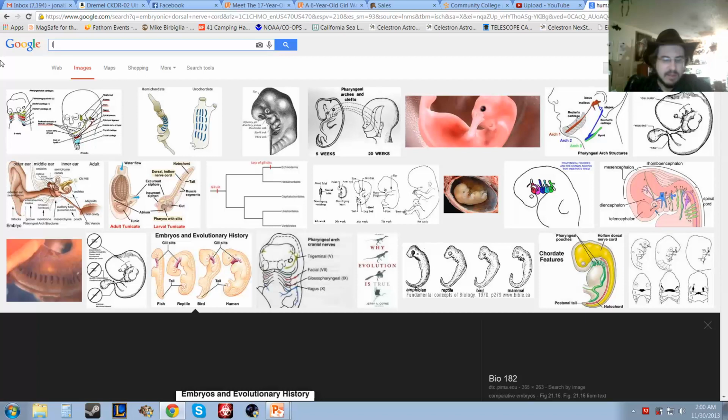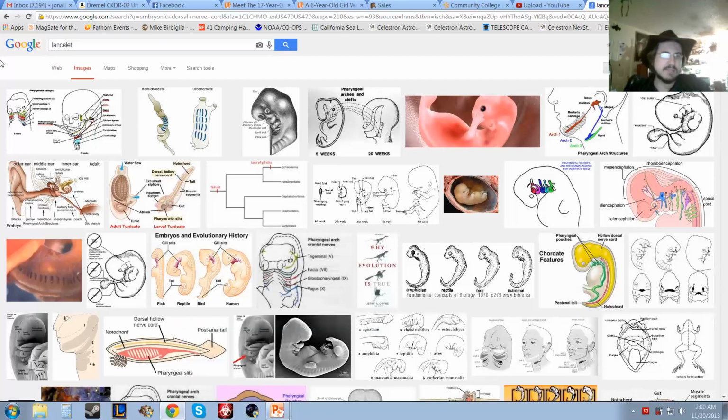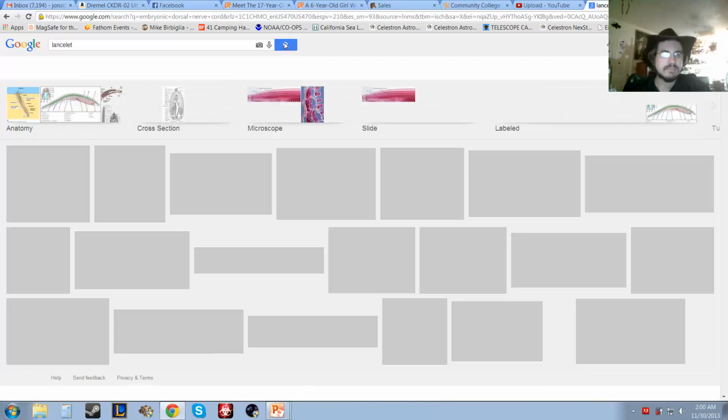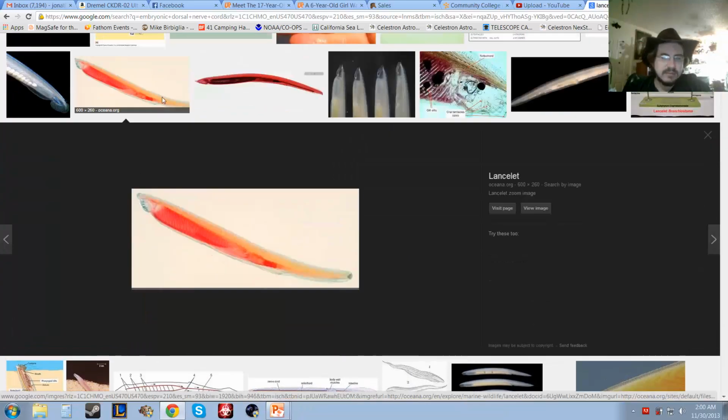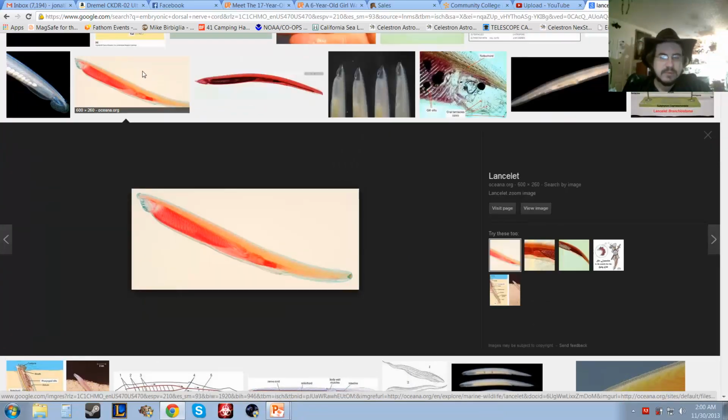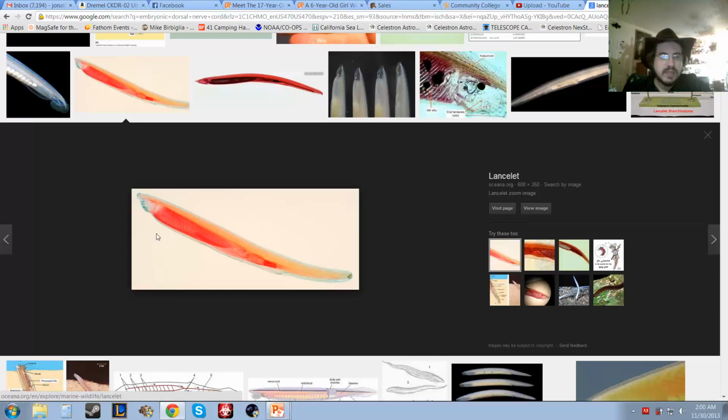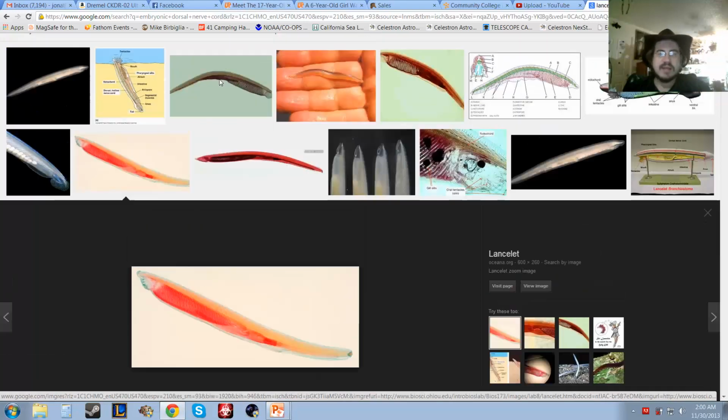Let's see if we can get a better picture of a lancelet. Here we go. Here are some lancelets. So you can see looks an awful lot like that picture.